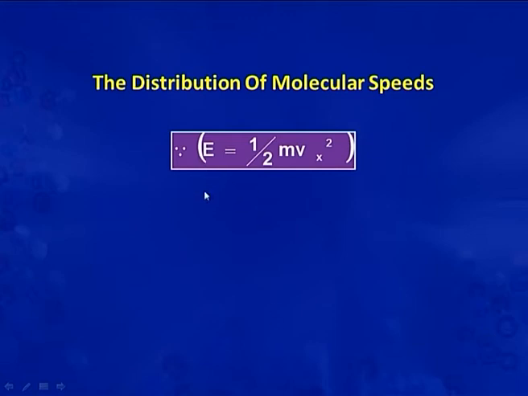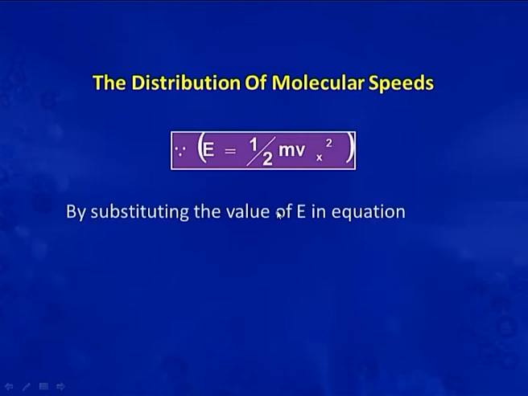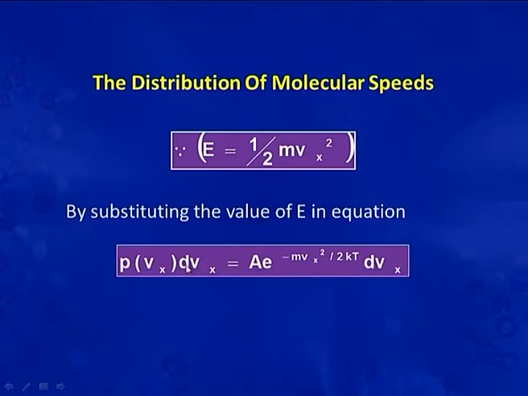As we know that E is half m Vx square, by substituting the value of E in the previous equation, we get P(Vx) dVx equals A into e to the power minus m Vx square by 2kT into dVx.